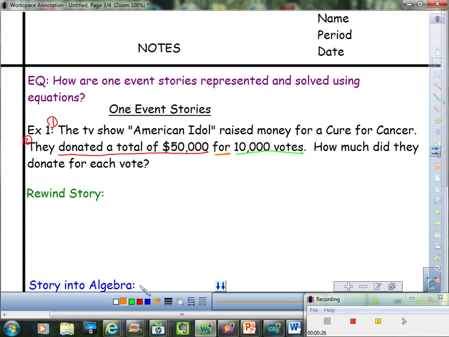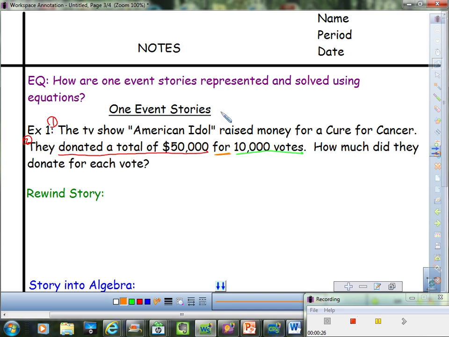Is there an end to this story? What's the end? What does the 50,000 represent? What is the end of the story? The total what? Total donation. So since this has an end, it's going to be represented by an equation.